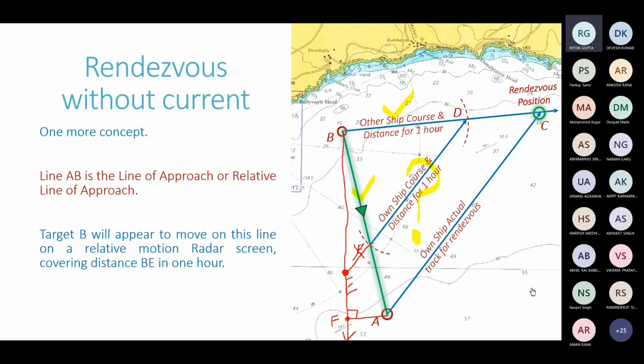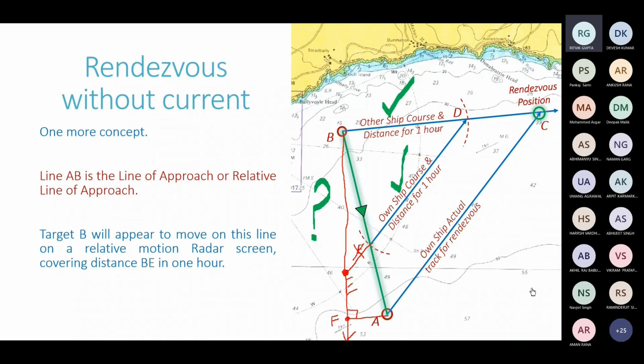Now, in this second concept which I have told you, the scenario changes a little bit. What we have is, we have the other ship's course and speed given to us. We have the own ship's course and speed given to us. And what we want to find is the line of approach now. So when you plot these two, first you plot other ship's course and speed, Bravo Delta.